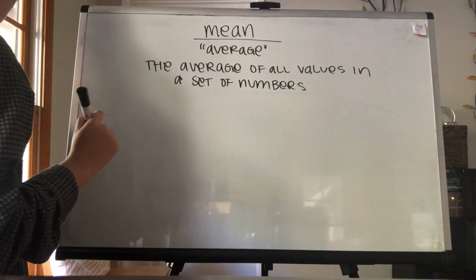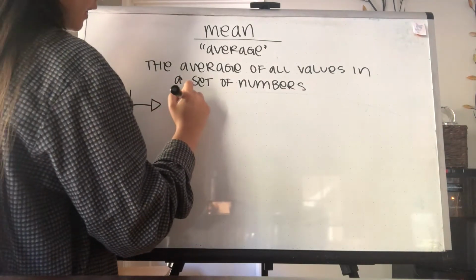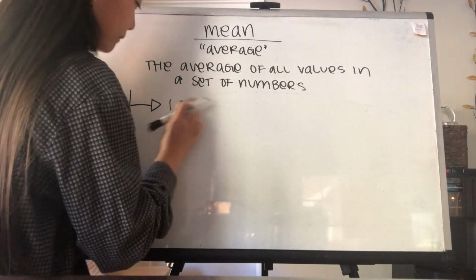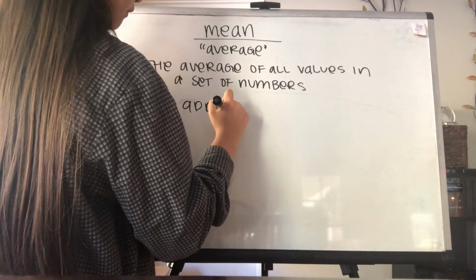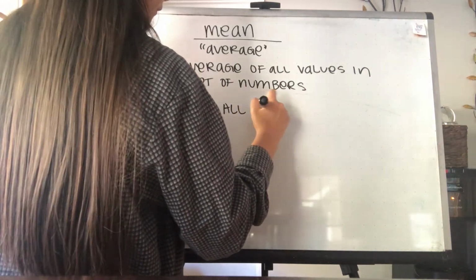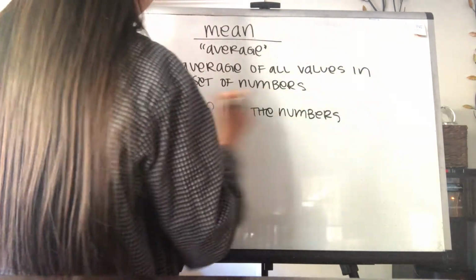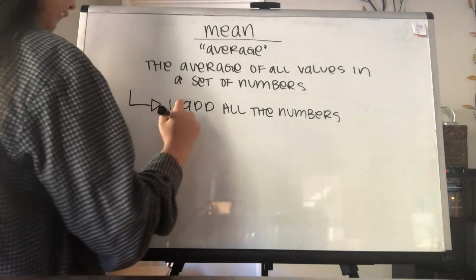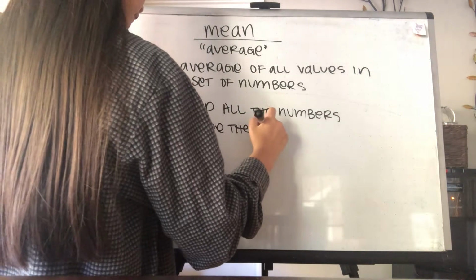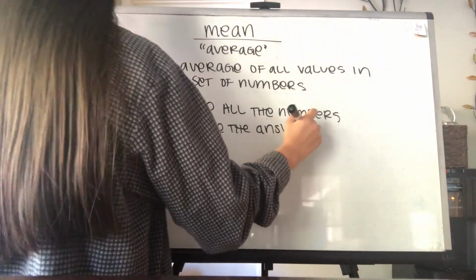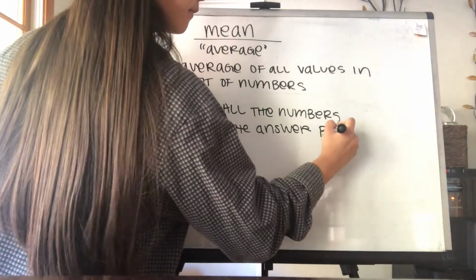Okay, so what you would do to find the mean is one, you'd add up all the numbers. And then the second step is to divide the answer by the number of values in the set.